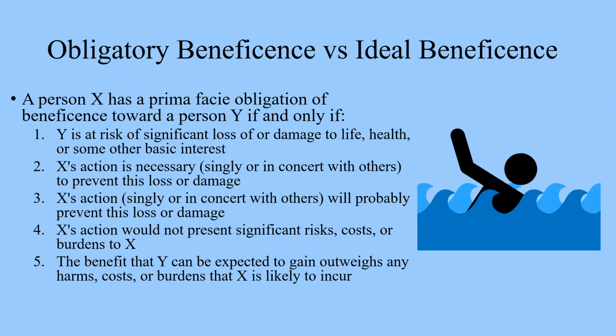So the framework that Beauchamp and Childress are providing us is in no way a roadmap that you can just appeal to without putting any critical thought into it yourself. So it's really important that you can argue each one of these criteria and explain why each is satisfied or unsatisfied. And in that case, you can distinguish between cases of obligatory beneficence versus ideal beneficence.